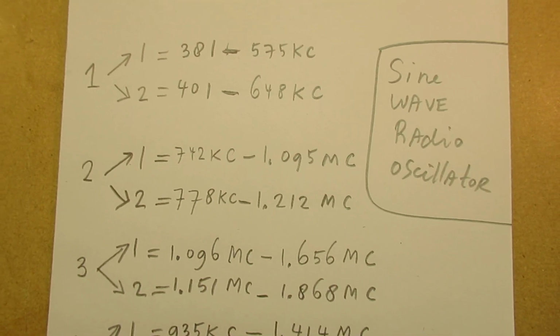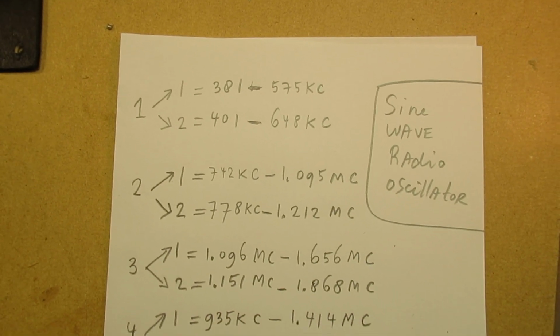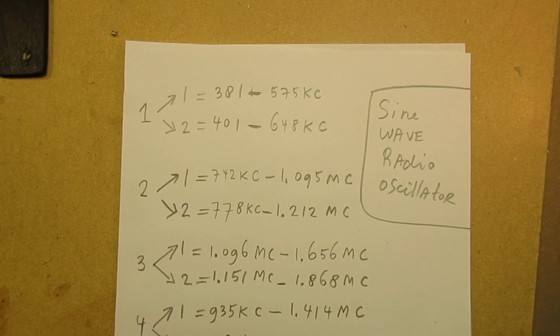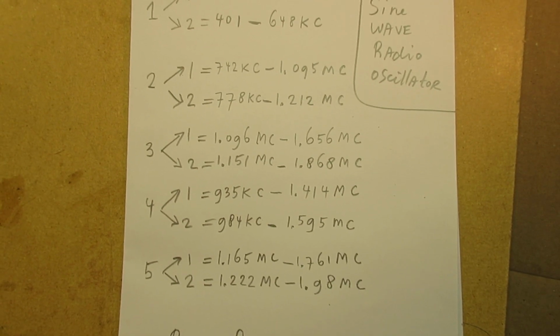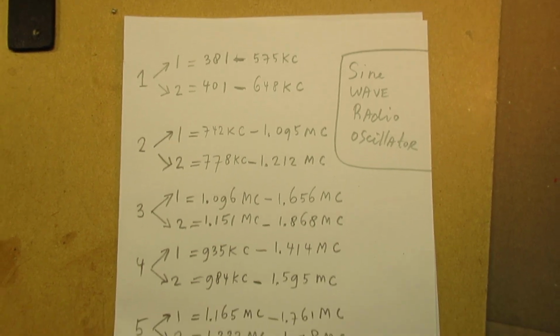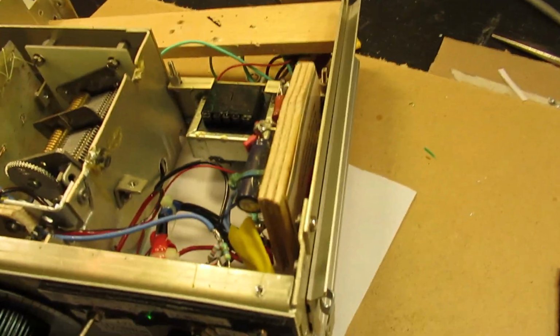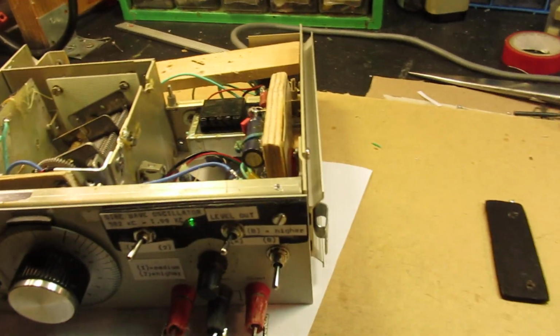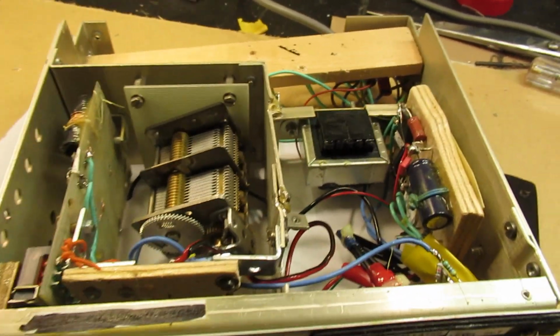But anyway, when you need coils for specific frequencies on shortwave or whatever application of this sine wave oscillator, you can make them, and there's much more information on my YouTube channel, in the earlier video.